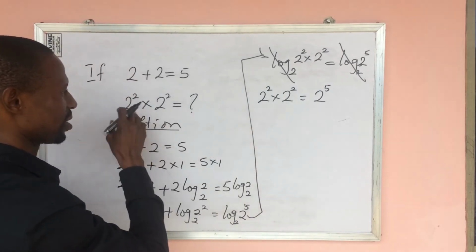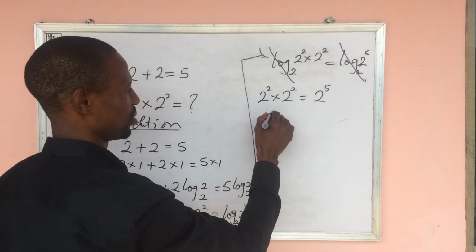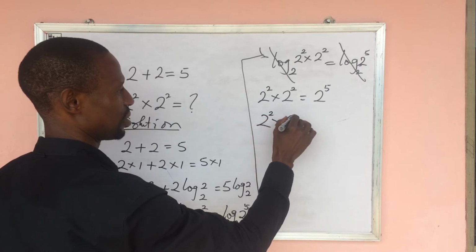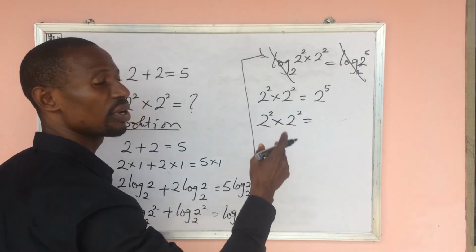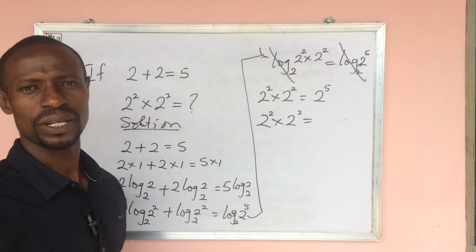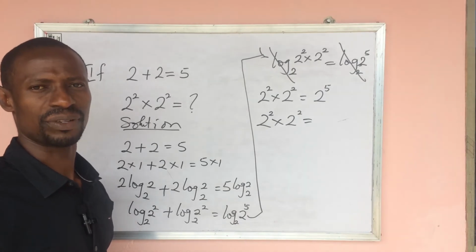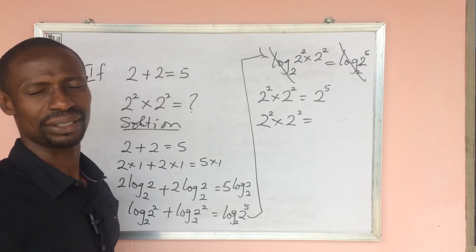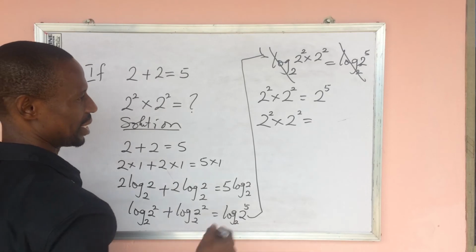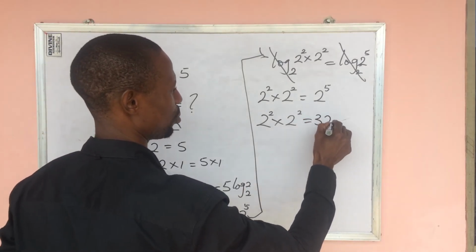So we are now having something similar here. This will give us 2 to the power of 2 times 2 to the power of 2 equal to, what is 2 to the power of 5? It means 2 times 2 gives us 4, times another 2 is 8, times another 2 gives us 16, times another 2 is 32. So we have 32.